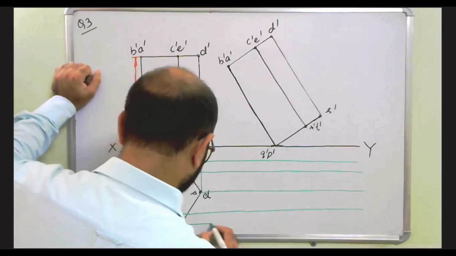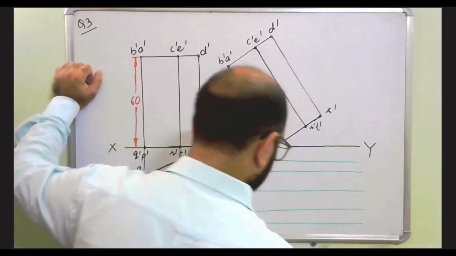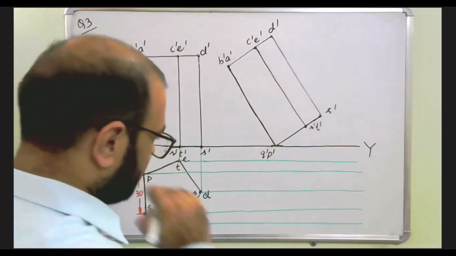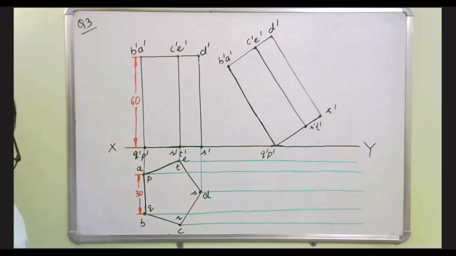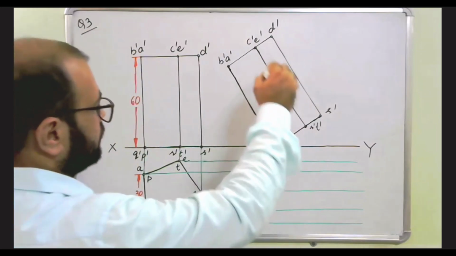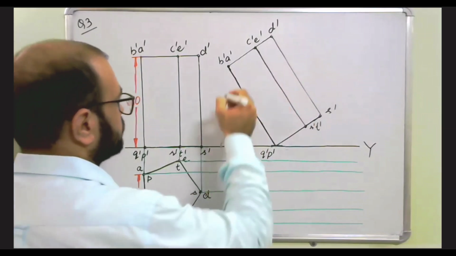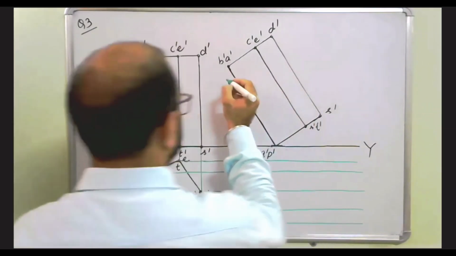Then from here also, right? And then vertical projection lines from these 6 points, 6 corners. Let us draw.